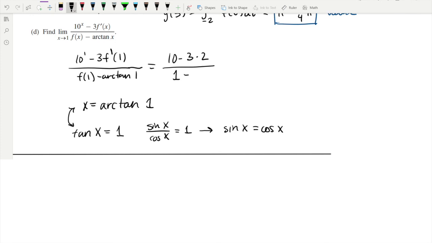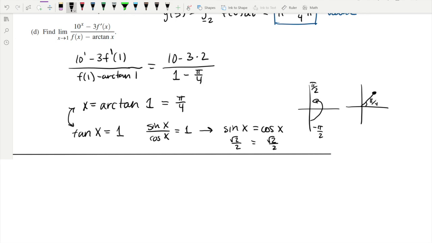And arctangent is restricted to the angles between negative pi over 2 and pi over 2. So this happens where the y value and the x value of the point on the unit circle are the same, which happens right here at pi over 4. This is where both of these are equal to square root 2 over 2, or 1 over square root 2, whichever you prefer. So this arctangent of 1 is pi over 4.